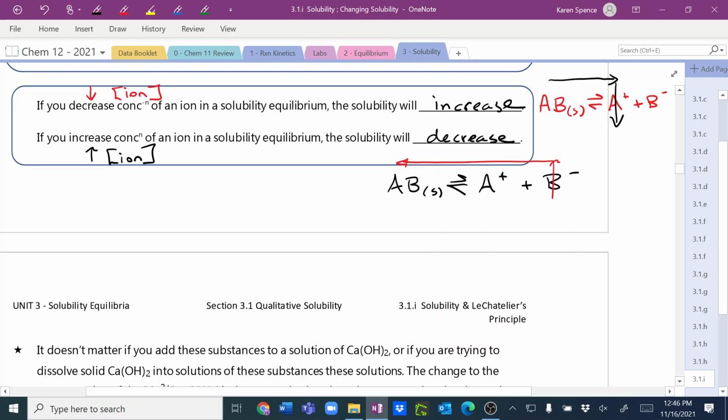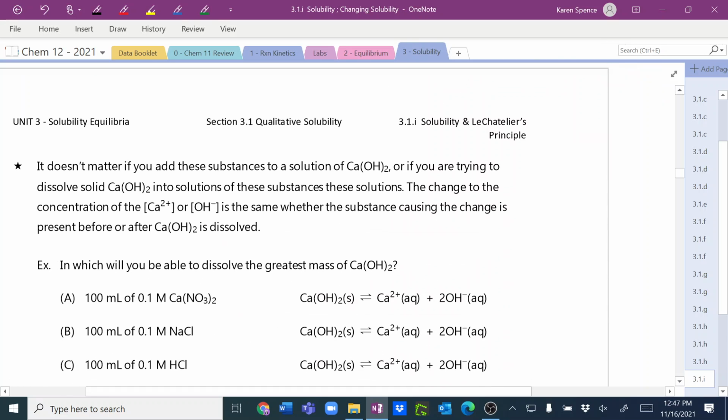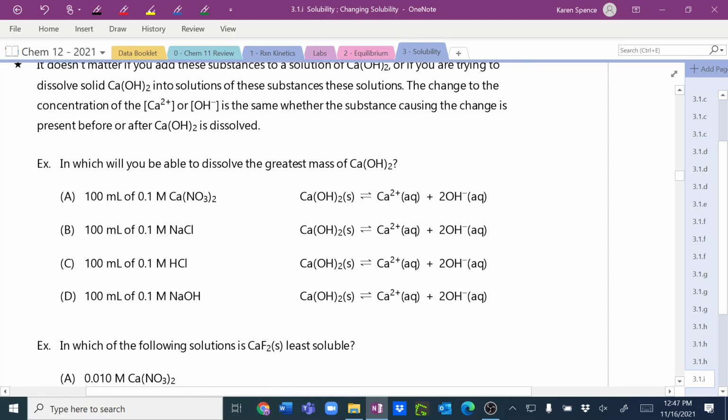It doesn't matter whether you've dissolved the calcium hydroxide before and you're adding in those extra ions, or if you have those extra ions in solution and then try dissolving the calcium hydroxide. It still has the same effect on the shifting of the equilibrium. So what that means is that you will sometimes see questions like this.